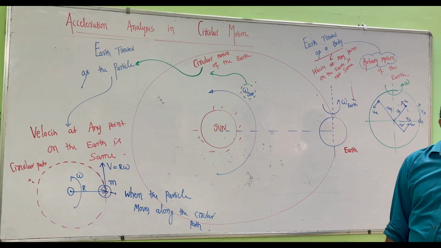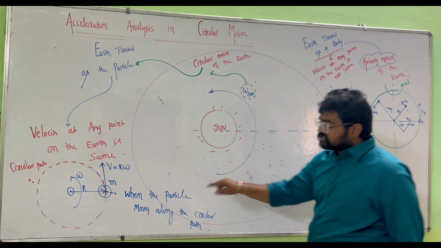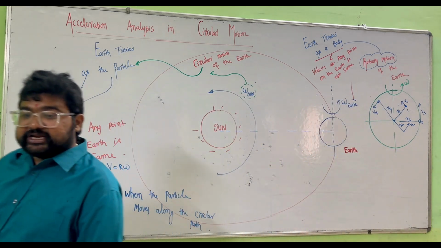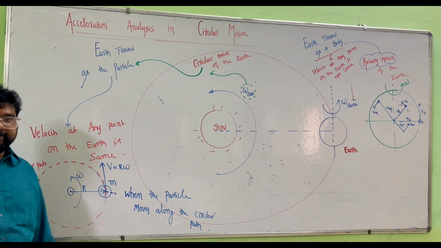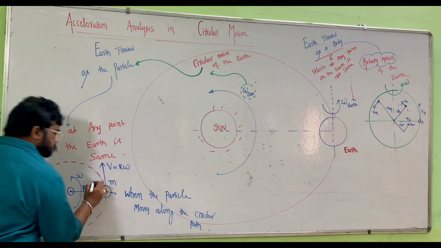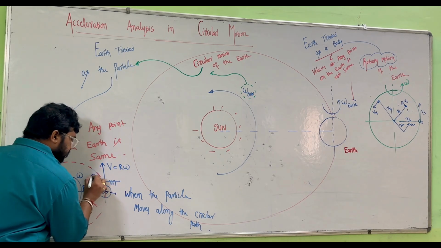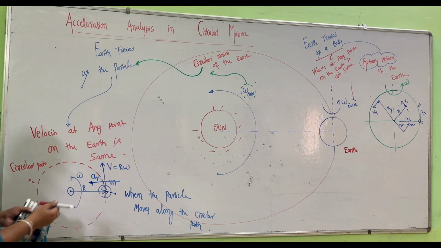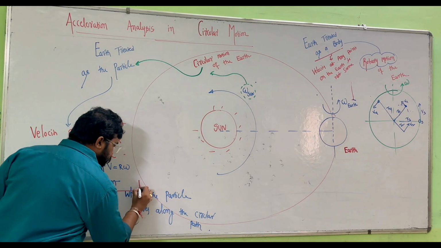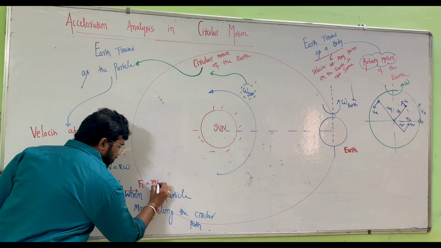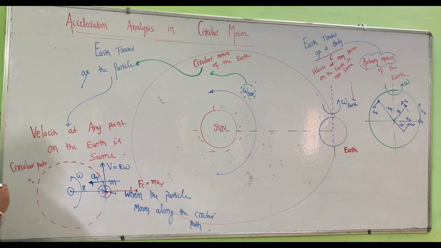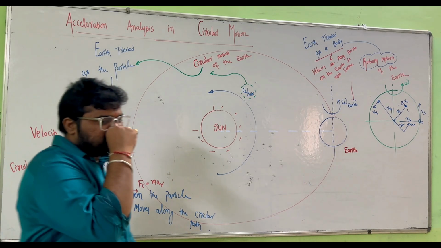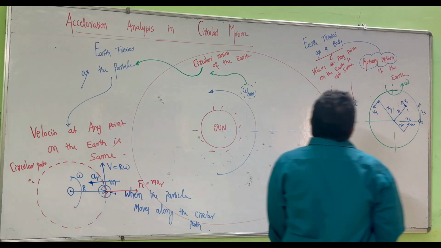Are you clear? Understood? In circular motion, centrifugal forces will come. We already discussed that part. Centrifugal force always acts opposite to the direction of centripetal acceleration. Centripetal acceleration is called radial acceleration.